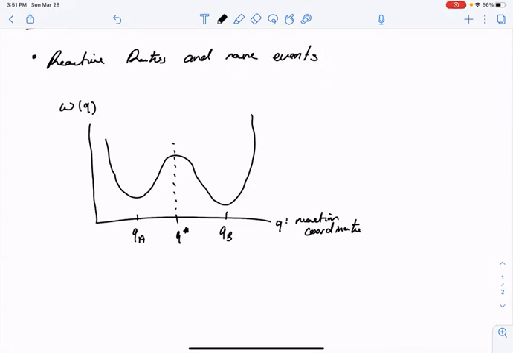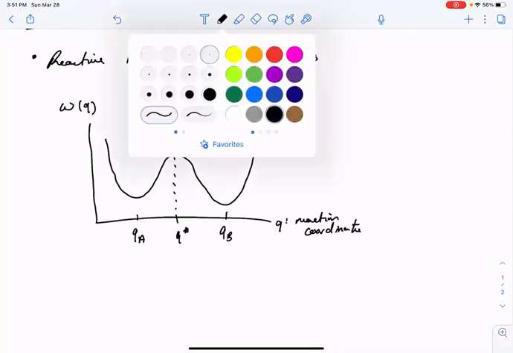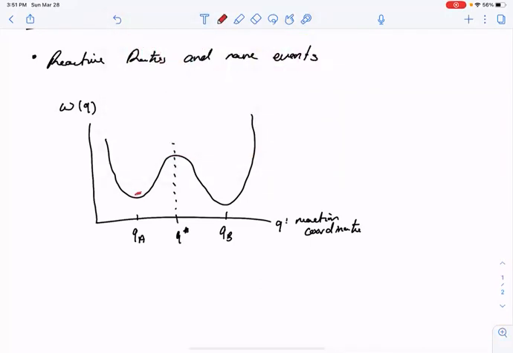That means to go from basin A, over the course of thermal fluctuations, the system will explore that basin.